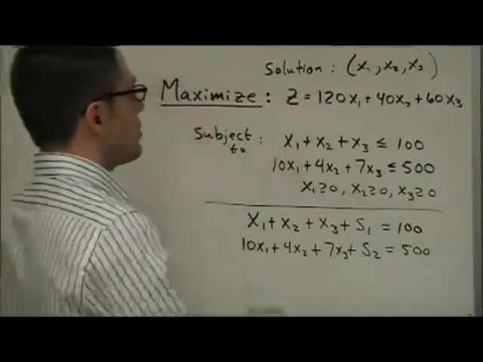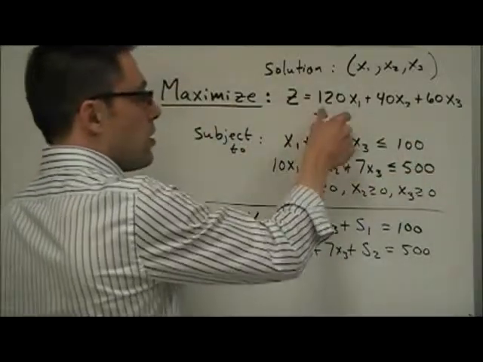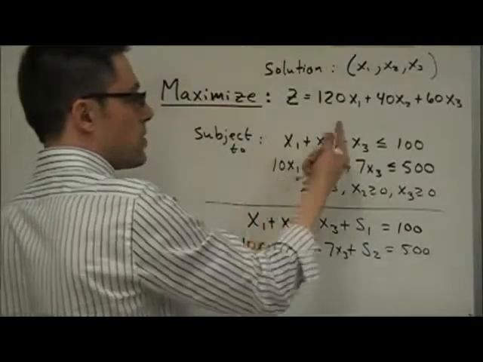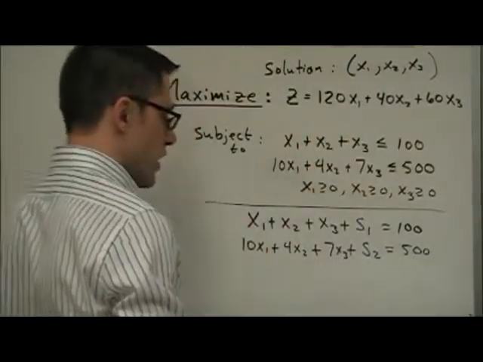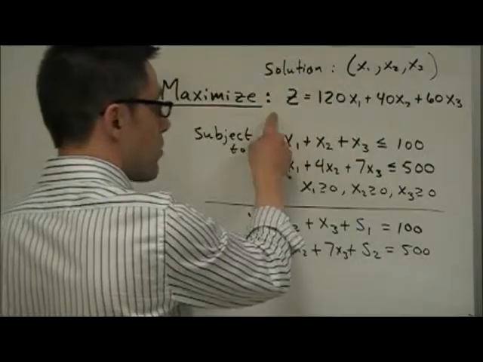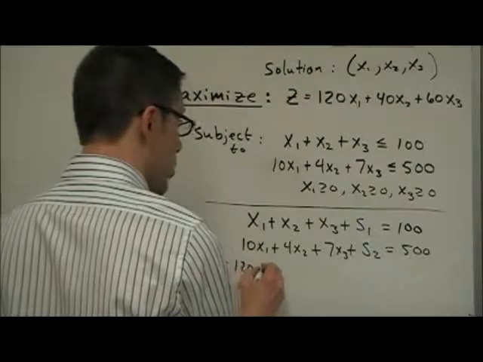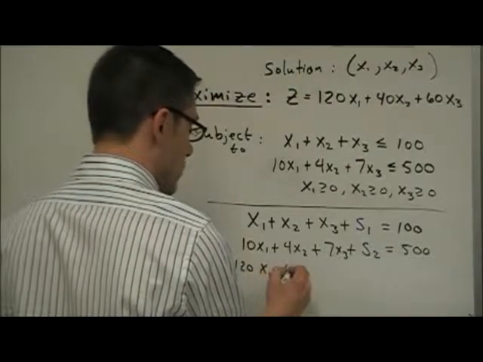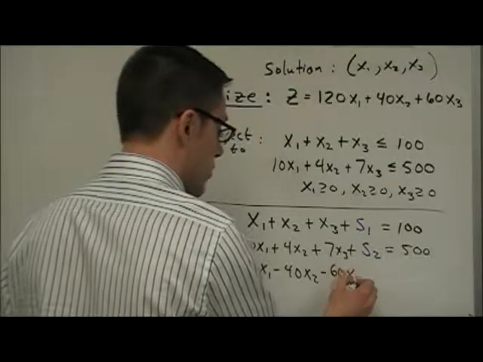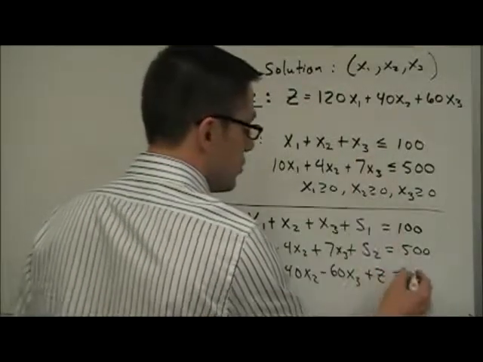The other thing I want to do is rewrite this objective function with these parts of the equation on the other side. So z is positive, and I want to put all these on the other side. When I take this 120 and bring it to the other side of the equation, I get minus 120. So I get minus 120x1, minus 40x2, minus 60x3, plus z is equal to 0.